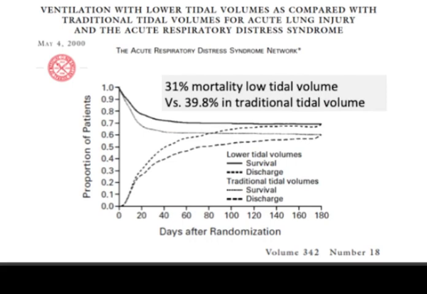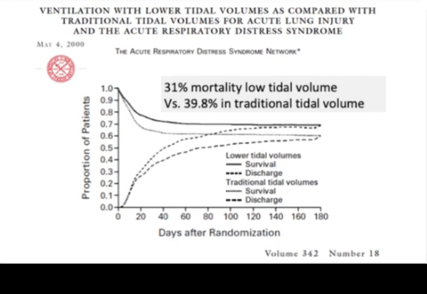The trial was actually stopped after the enrollment of 861 patients because mortality was lower in the group treated with lower tidal volumes than in the group treated with traditional tidal volumes, which was a 31% mortality rate versus 39.8%.